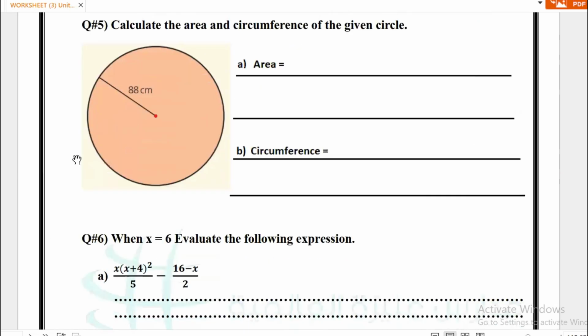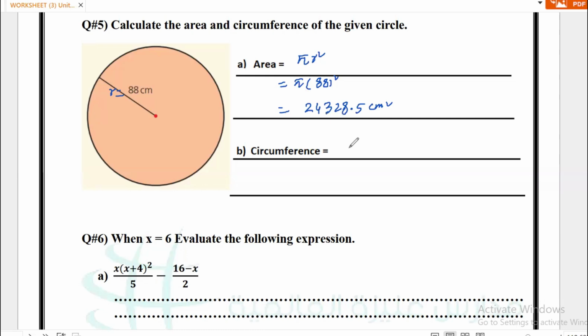Now we'll calculate the area and circumference of given circle. So for area, as you can see that the radius is given, so area is easy. If you know the formula pi r square, just replace the value. R is 88 square, and then we just straight away check in the calculator. 24,328.5 centimeter square.